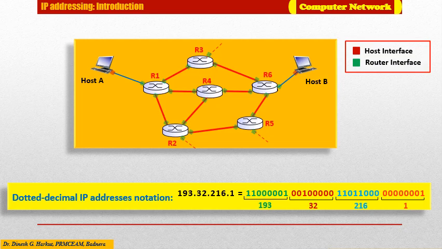For example, take the IP address 193.32.216.1. Here 193 is the decimal equivalent of the first 8 bits of the 32-bit IP address. The first byte is equivalent to 193, the second byte is equivalent to 32, the third byte is equivalent to 216, and the fourth byte is equivalent to 1.